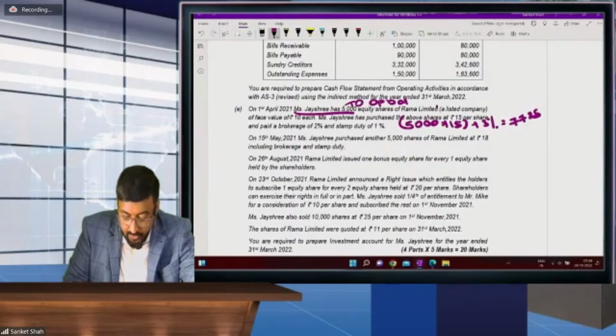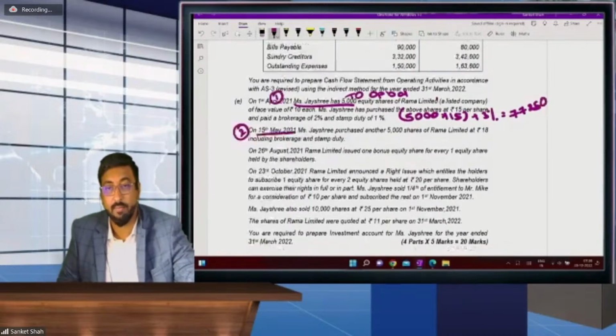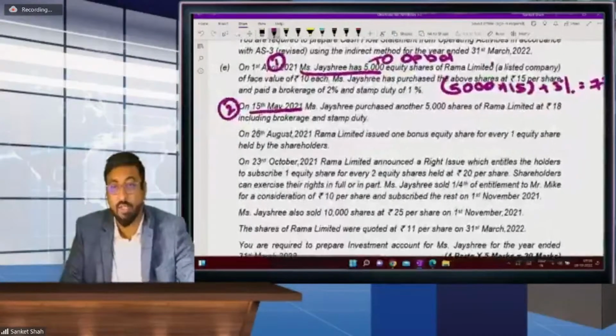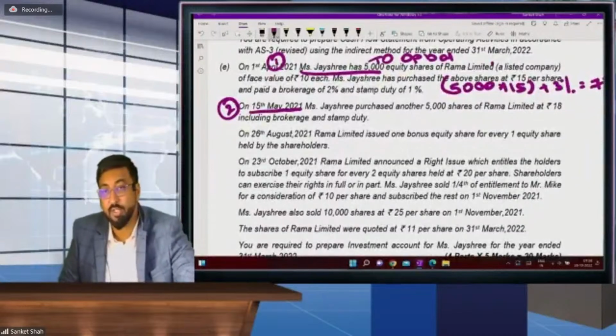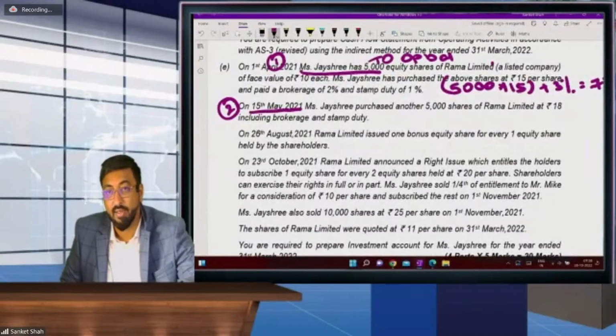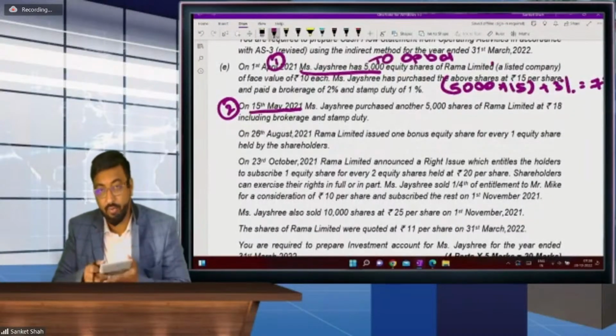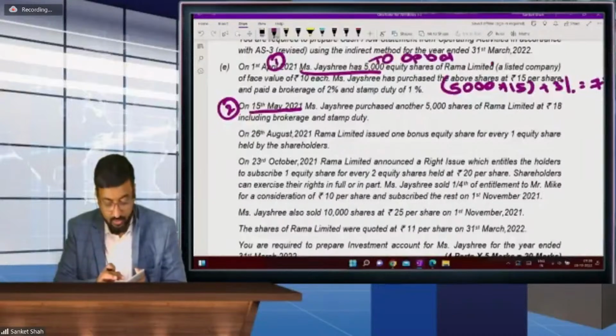On 15th May 2021, Miss Jayashree purchased 5,000 shares at rupees 18, including brokerage and stamp duty. So beta, this is 90,000.